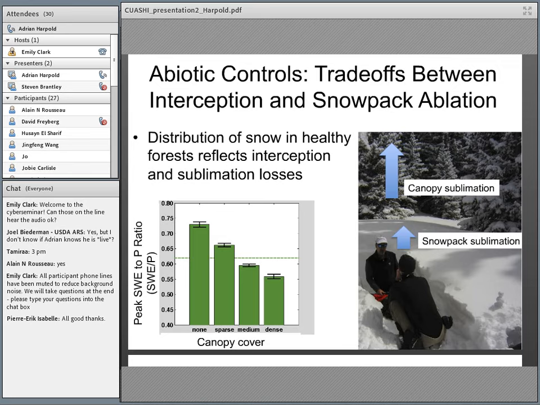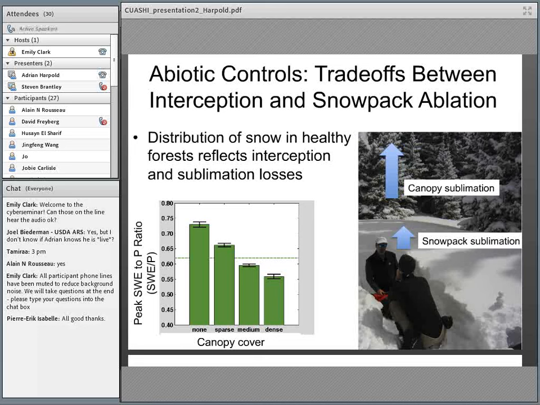But the forest also acts to shelter the snowpack beneath it, so it shades the snowpack, reduces shortwave radiation, and reduces wind speeds, turbulent kinetic energy and turbulent heat fluxes. And so there are these kinds of trade-off effects caused by a healthy, thick forest canopy.